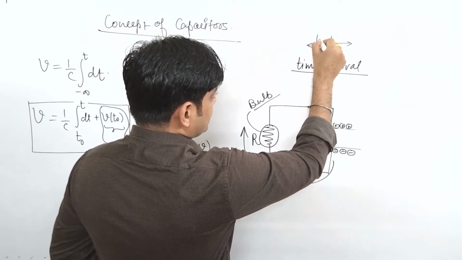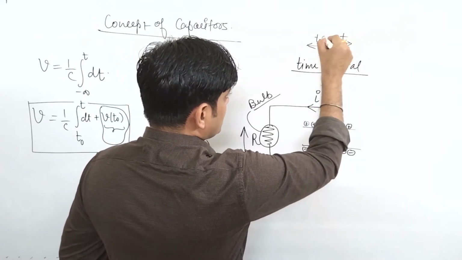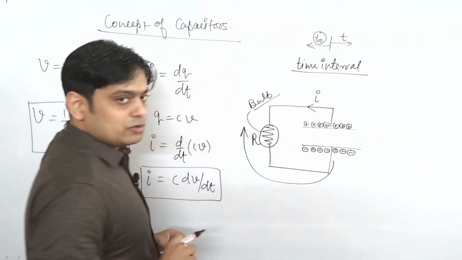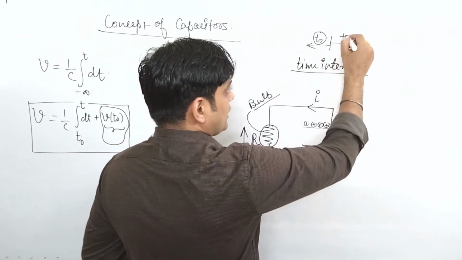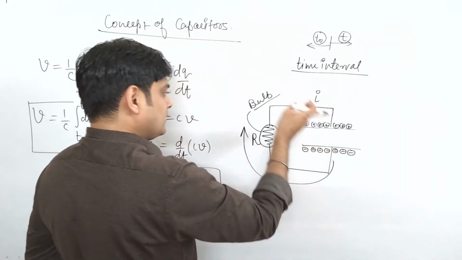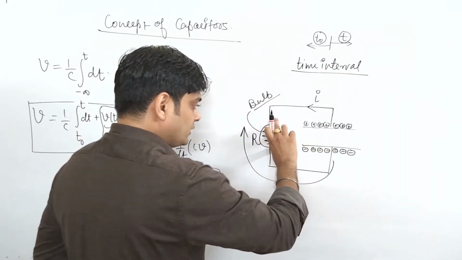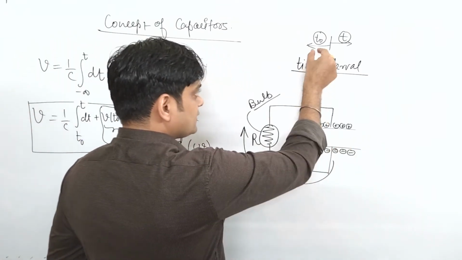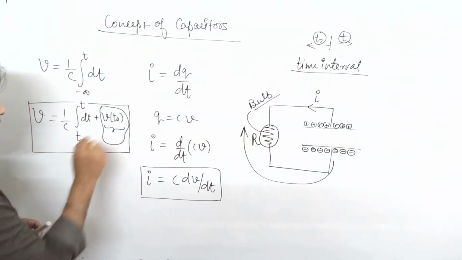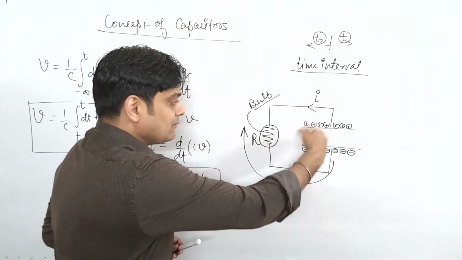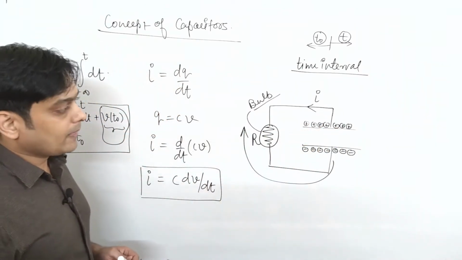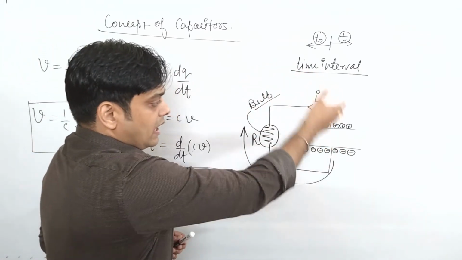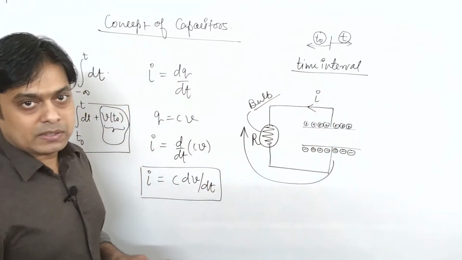If I call this T naught and this T, then at T naught the capacitor has some charge, but at T, these charges will get discharged through this load. So the capacitor has some initial charge, which we call V at t naught, or you can say some initial memory. In this manner the energy transformation takes place.